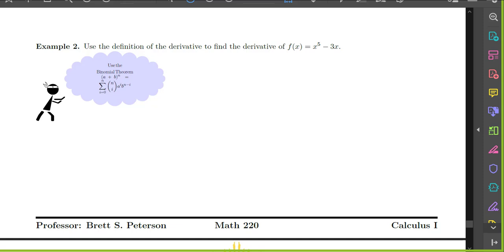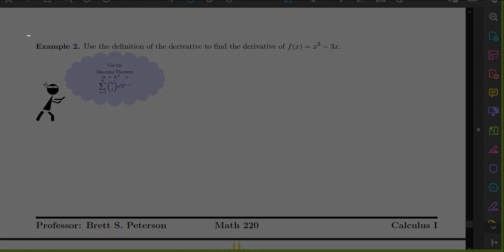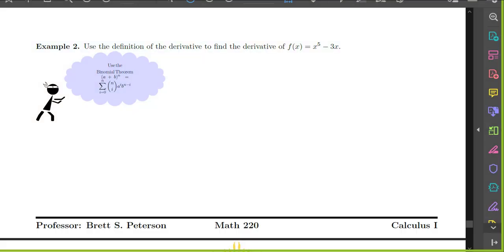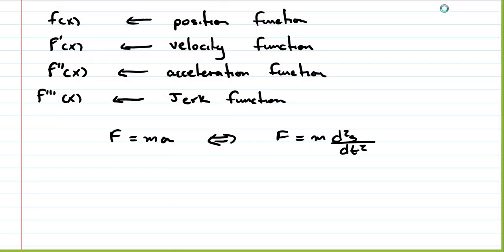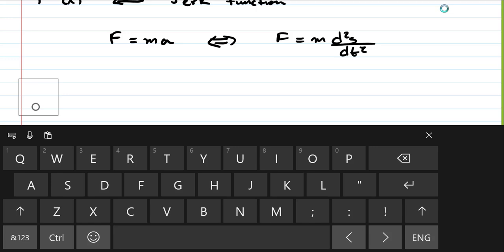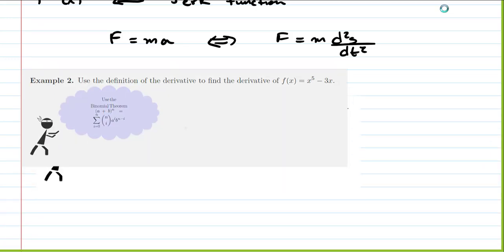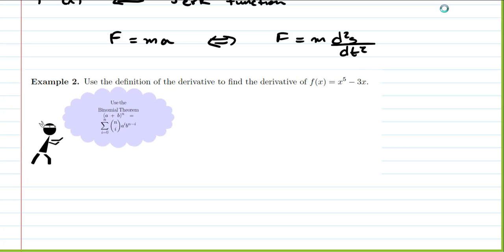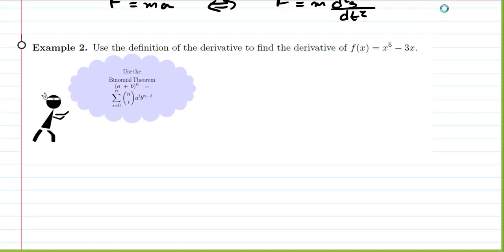All right, so let's take a look at our next example. So we want to find the derivative of this. Luckily, the Hint Ninja has shown up to give us a hint. So we want to use the definition of the derivative to find the derivative of x to the fifth minus 3x.